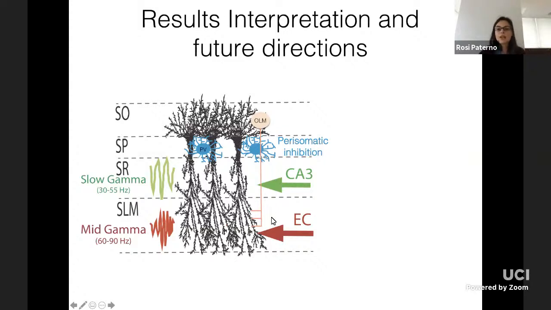The strength of the entorhinal cortex input, which is recorded with mid gamma, is higher when there is an increase of perisomatic inhibition and a decrease of dendritic inhibition. The CA3 input, instead, is stronger when the perisomatic inhibition is reduced and the dendritic inhibition is higher. It seems that the local inhibition is able to control the strength of the input from the upstream region.